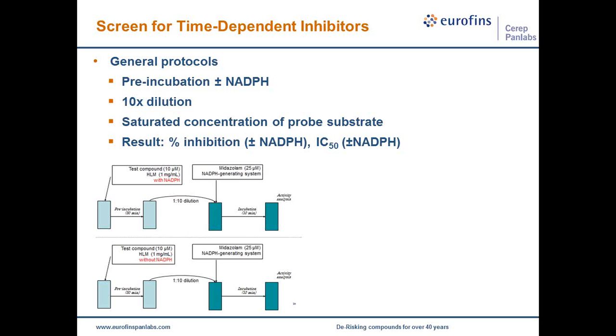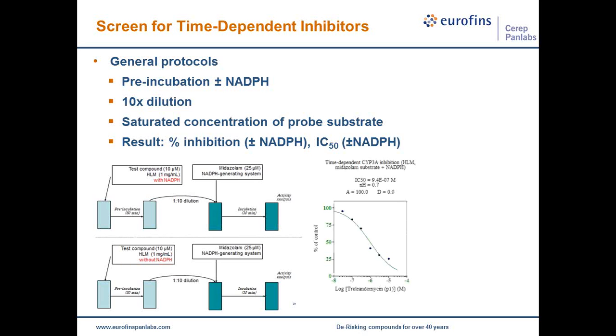After pre-incubation, the matrix is diluted tenfold, and a saturating concentration of probe substrate is added to analyze the residual activity of the enzyme. The dilution and the high concentration of probe substrate are to minimize the potential reversible inhibition effects of the inhibitor.